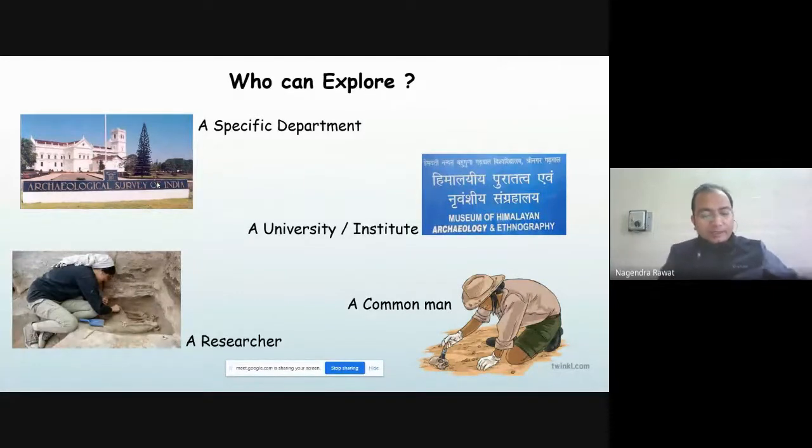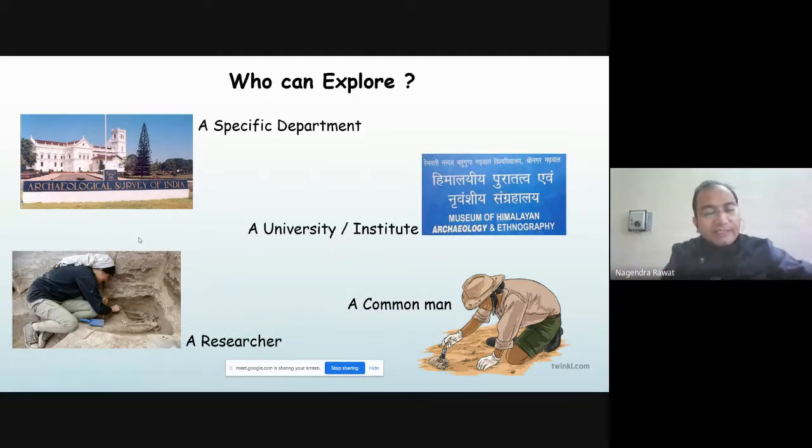Because a common man can do research, generally it is called open research. But the common man cannot excavate, because for an excavation there are rules and regulations made by any government, even in India.